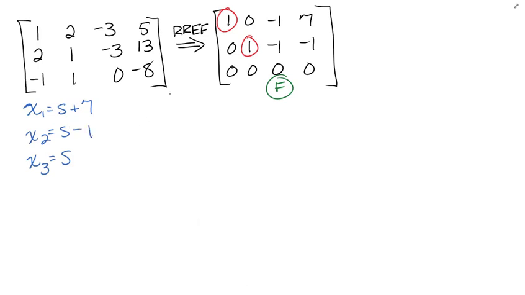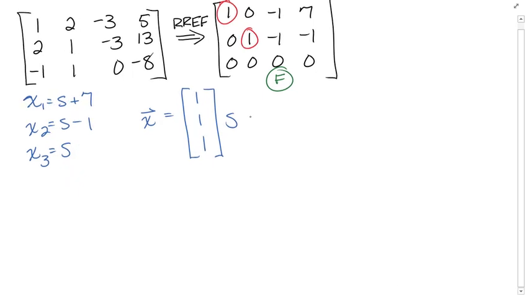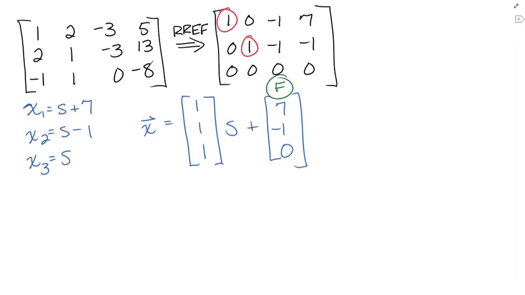Now we've learned that we could write this parametrically like this. So the X solution is going to be 1, 1, 1 times S. That's this column, right? And then plus 7, negative 1, 0.